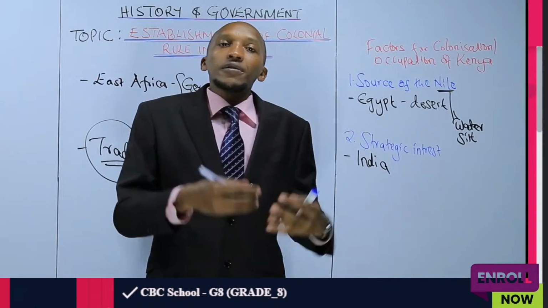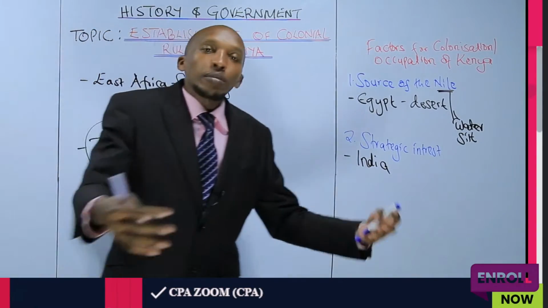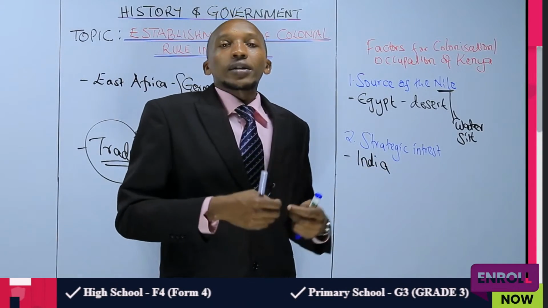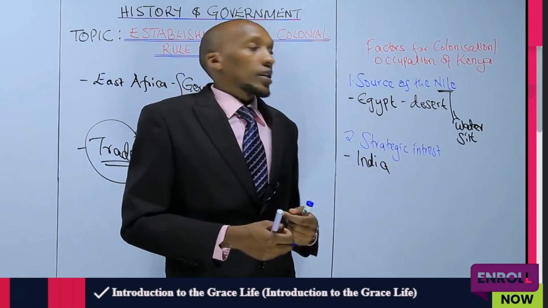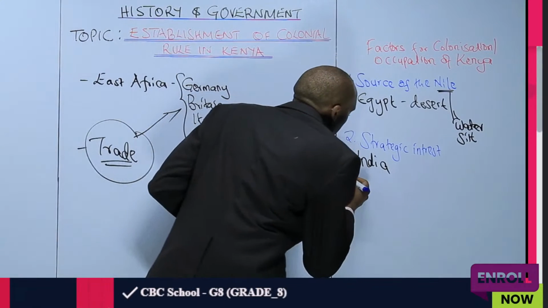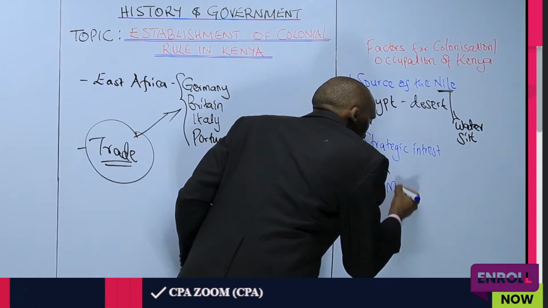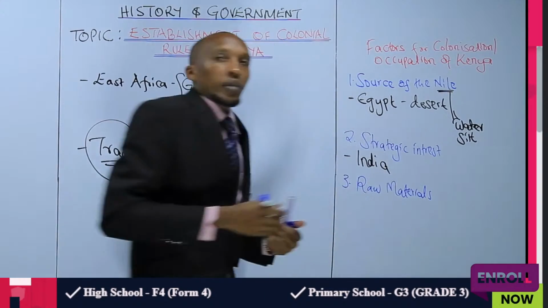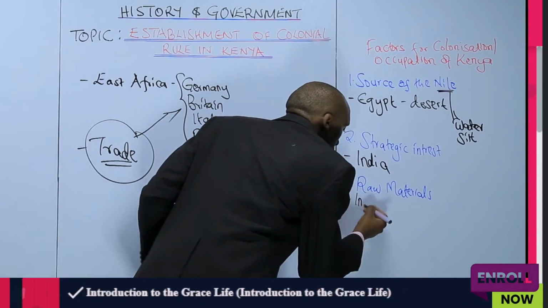Remember, Kenya had very good natural harbors. So the British would come, dock at the coast, and take time as they move towards the Indian place. And then number three, they were searching for raw materials. Remember, it was during the time of industrialization.